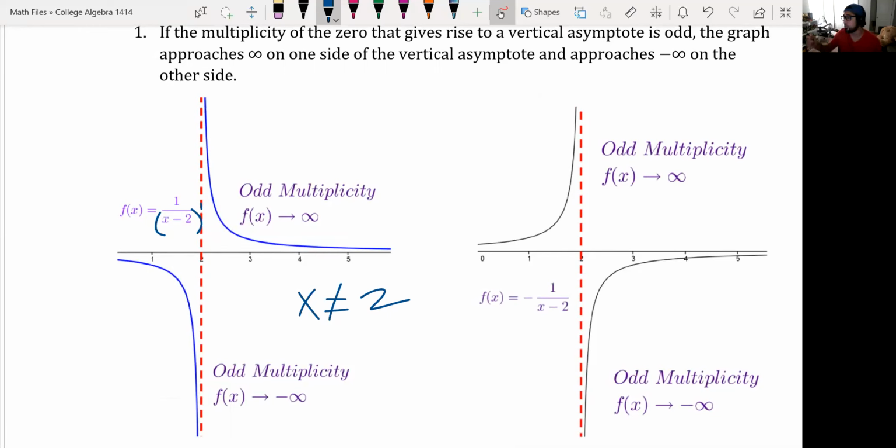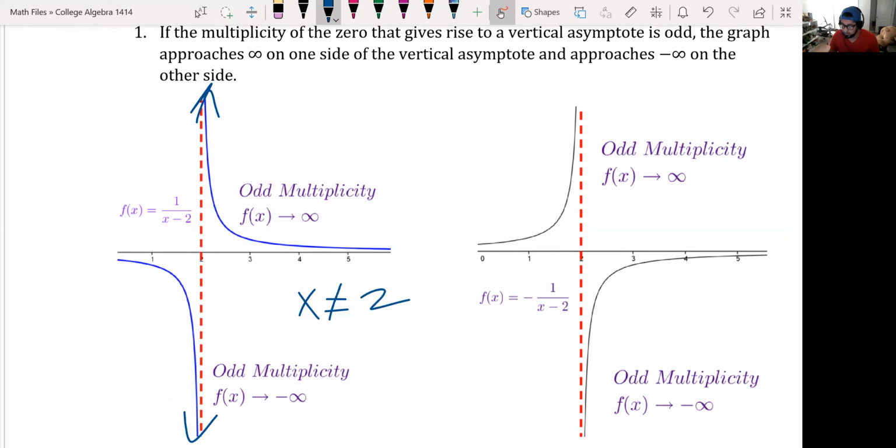And it wouldn't matter if it was 1, 3, 5, 7, any odd number. No matter what, if you have a vertical asymptote with an odd multiplicity, one tail goes to infinity, the other tail goes to negative infinity.